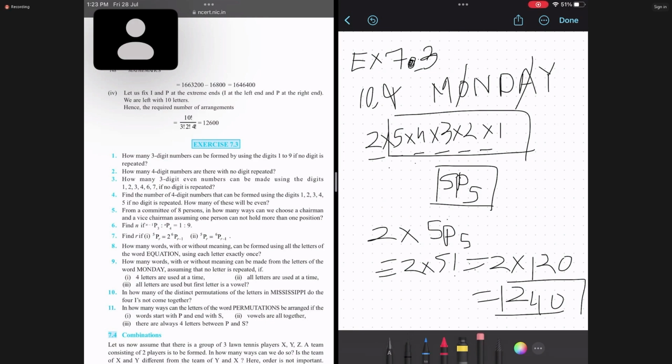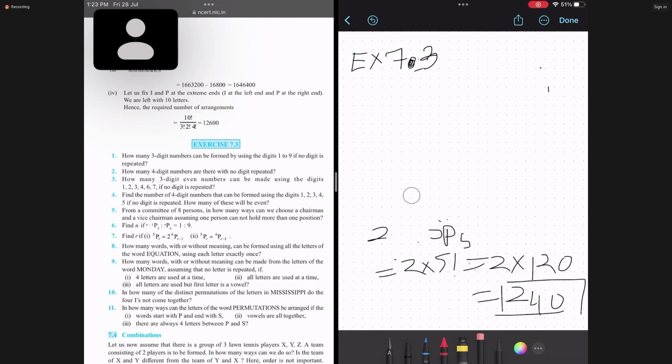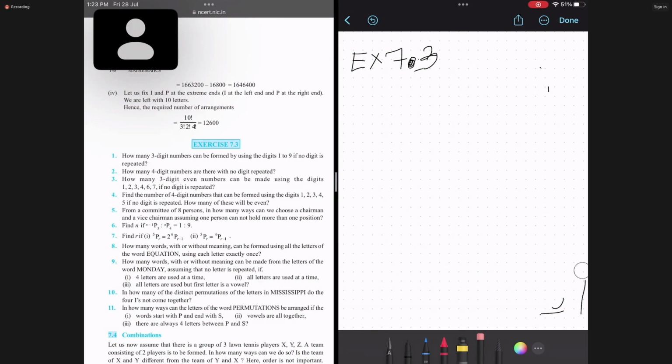Now moving on to question number 10. Question number 10 is also an interesting question. We have been asked in how many of the distinct permutations of the letters in Mississippi do the 4 I's not come together.